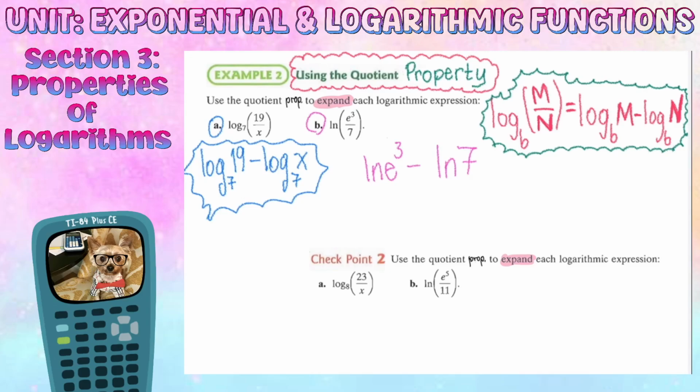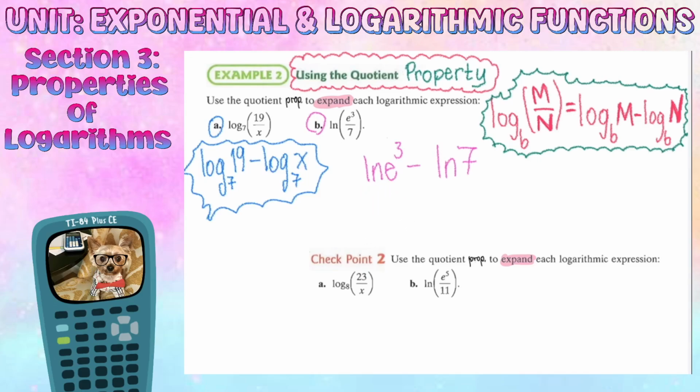Now, this over here, like I said, since the ln is really the log base e of, and we have e to the third, and we saw in section 2, the property log base b of b to a power equals the power. And if we wanted to read this off, e to what power equals e to the third? Well, the answer to that is 3.